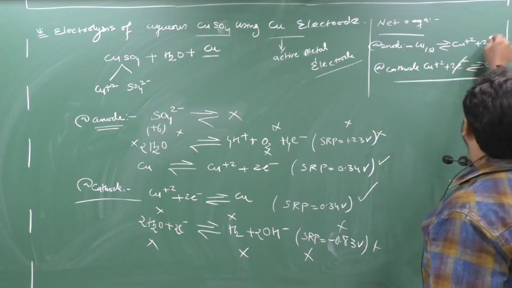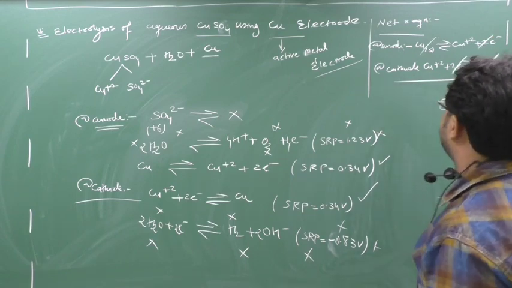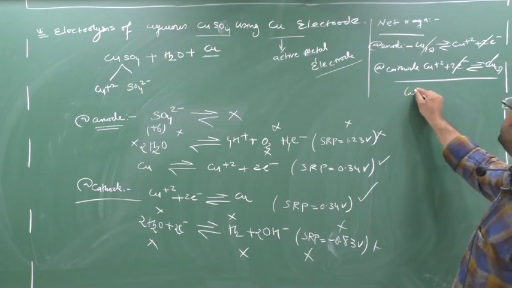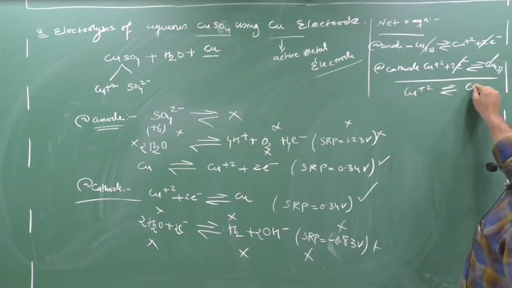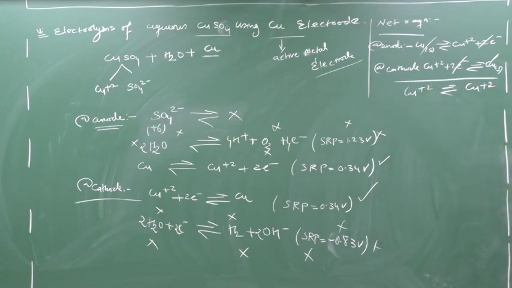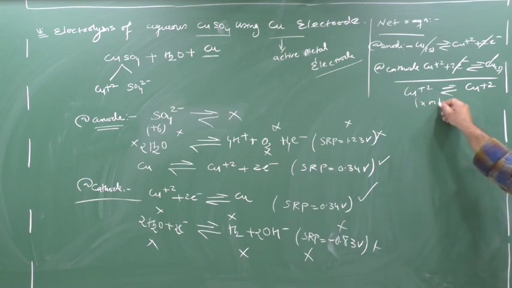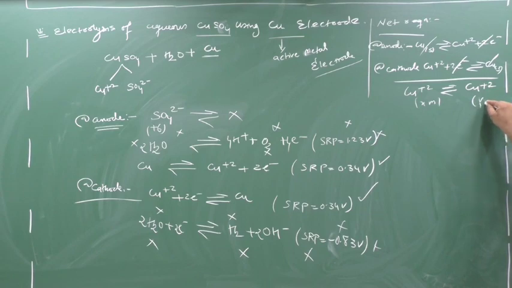Now the 2 electrons get cancelled, and should the Cu also cancel? No, Cu2+ will convert into Cu2+. This will not be cancelled, because these are ions and the ions have different molarities, so they do not cancel.